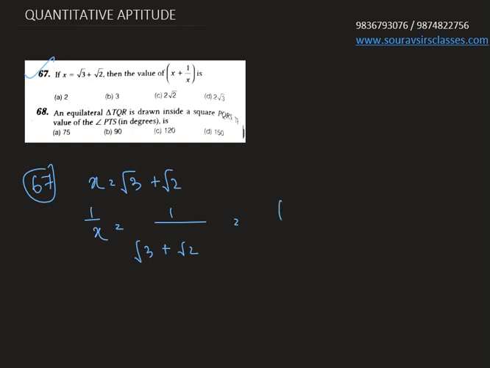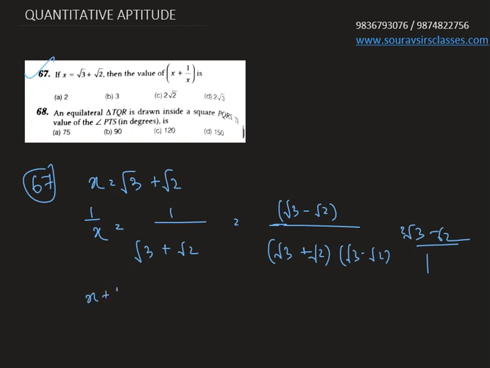If we multiply root over 3 minus root over 2 in numerator and denominator, we get this, and this results in root over 3 minus root over 2 divided by 1. Hence, the value of x plus 1 by x is root over 3 plus root over 2 plus root over 3 minus root over 2, which results in 2 root over 3. Therefore, the option D is the correct answer.